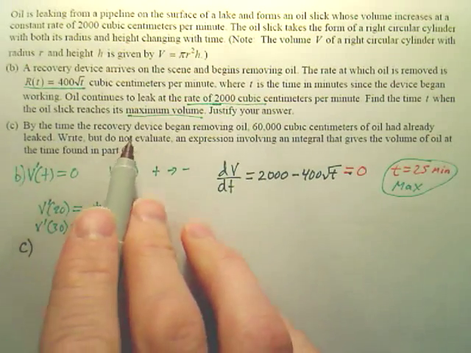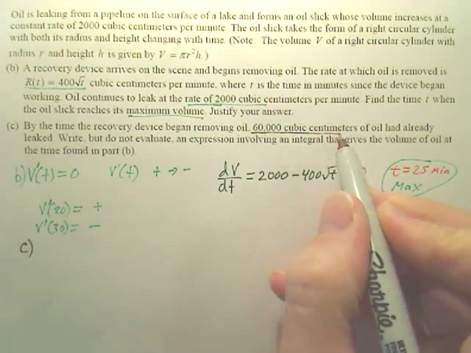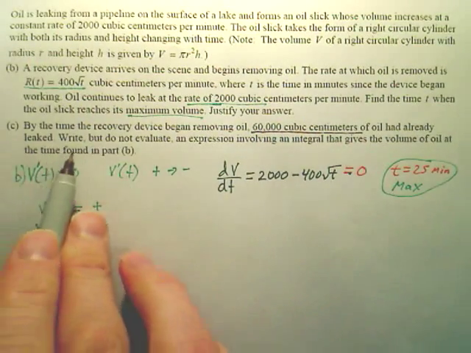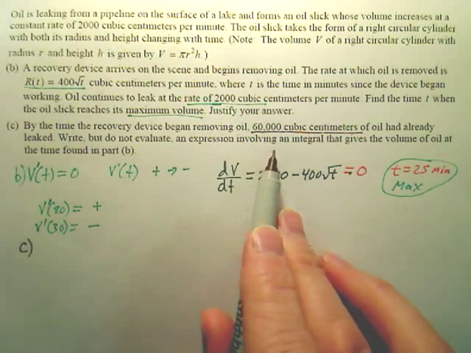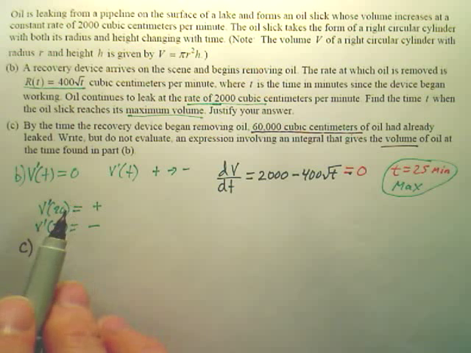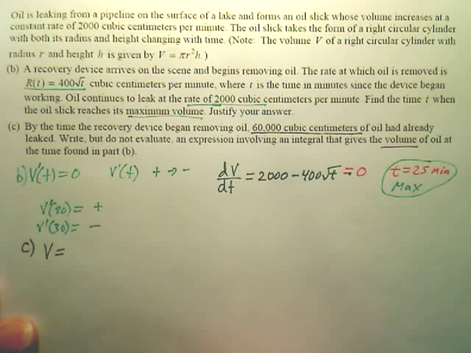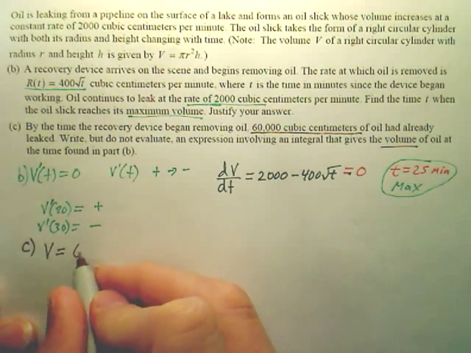Now, let's do C. The recovery device begins when there's this much oil. We're going to write but not evaluate an expression that tells you the volume. So, if I want to find the volume, wouldn't that be, what's it starting at?